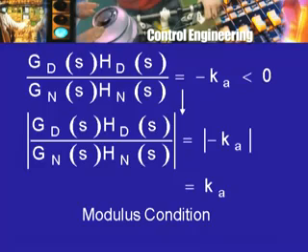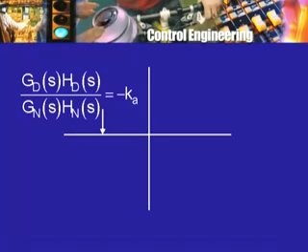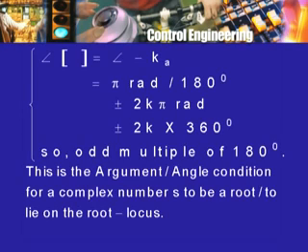On the other hand, I can take the argument of this fraction. What about the argument of that fraction? That is equal to the argument of the number minus Ka, but the number minus Ka is on the negative real axis, and so what is its argument? Its argument is pi radians, or if you think in terms of degrees, 180 degrees.